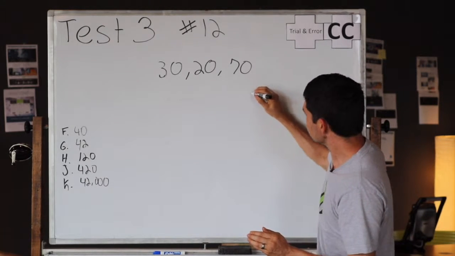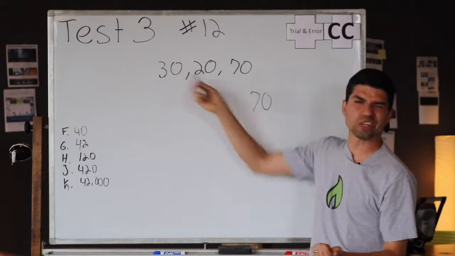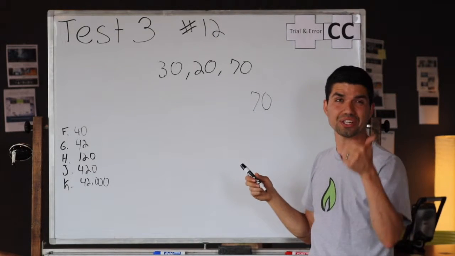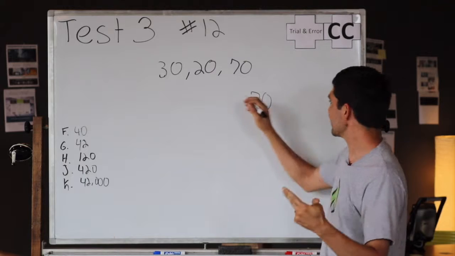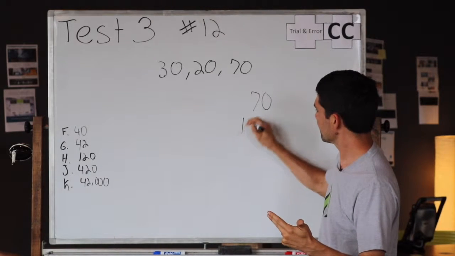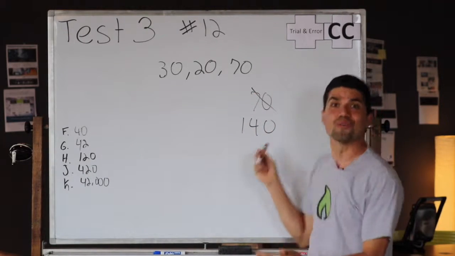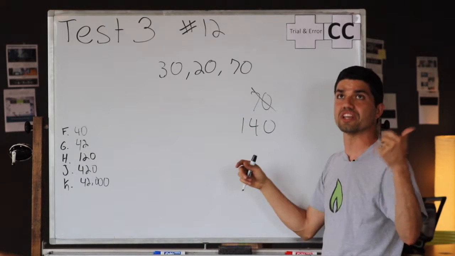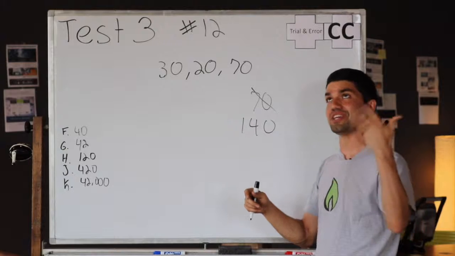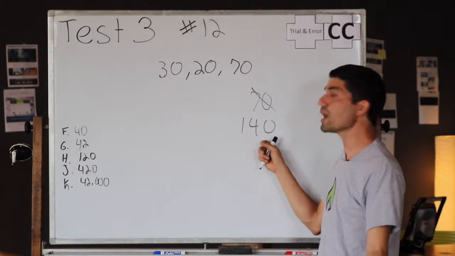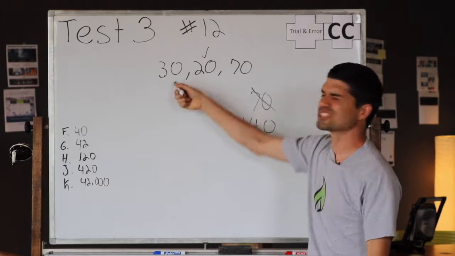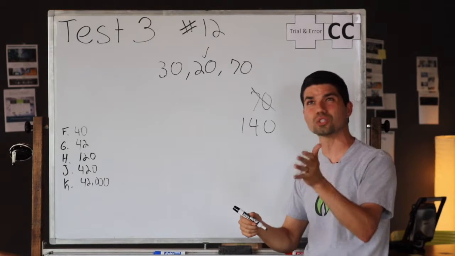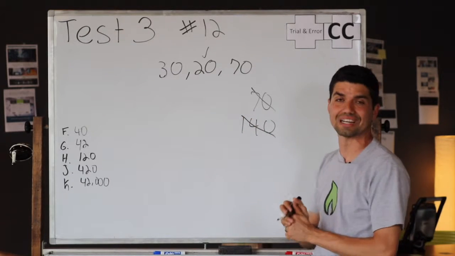So 70, we know 30 does not fit into 70. 30, 60, 90, boom. So we can't start with 70. 140, that's the next multiple for 70. Does 20 fit? 20, 40, 60, 80, 100, 120, 140, yep, check, 20 fits. Does 30? No, 30, 60, 90, 120, 150, nope, 140 does not fit.